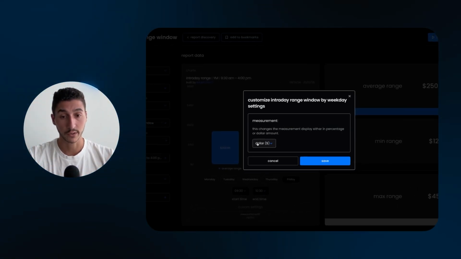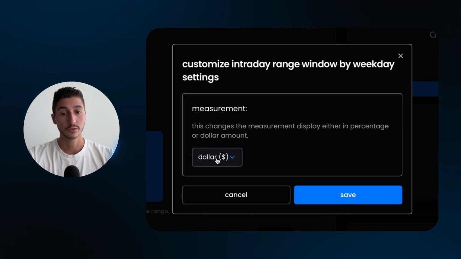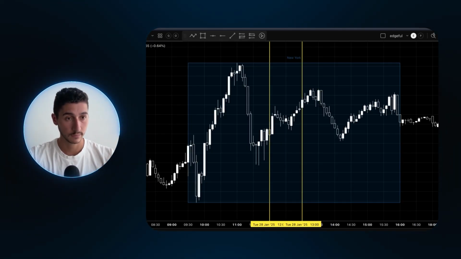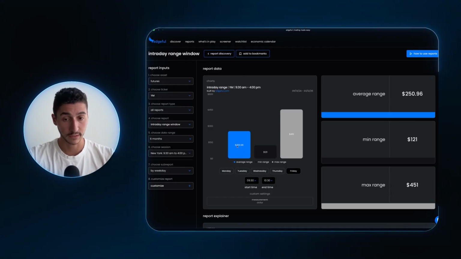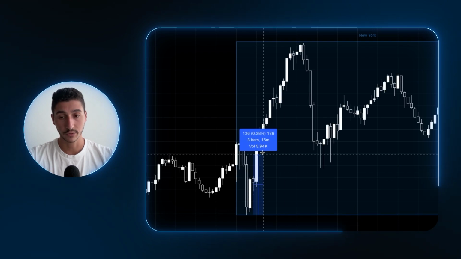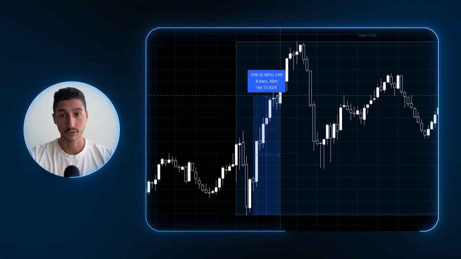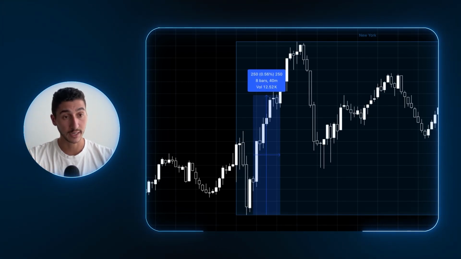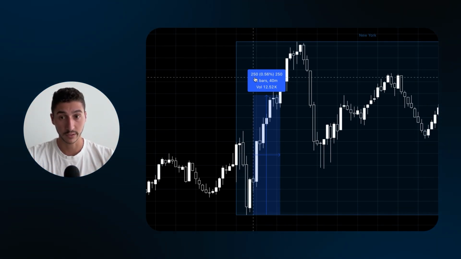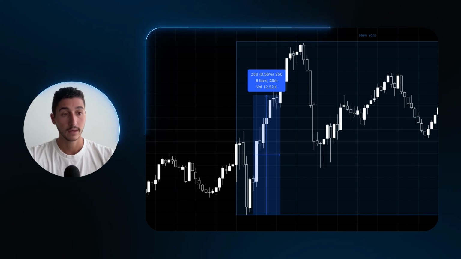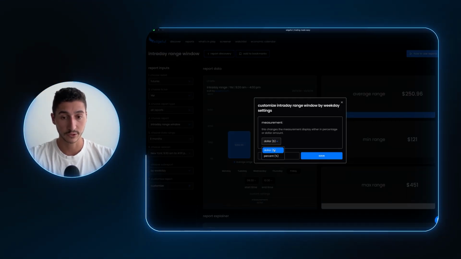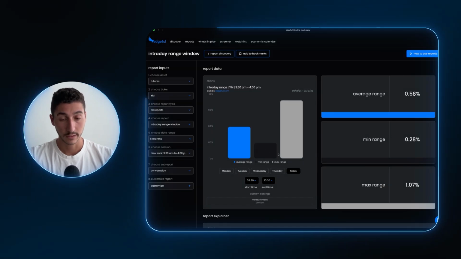And you can also customize, speaking of percentages, you can customize this to be dollars, which would be points here. So if you see 250, just so everyone knows, you're talking about 250 points in terms of the change in the price here. So that's very important. It's 250 points. That's this right over here. And when you look at it in terms of percentage, this is the exact same thing.